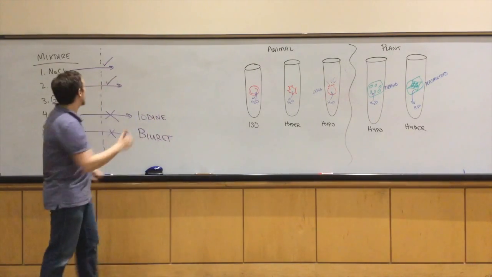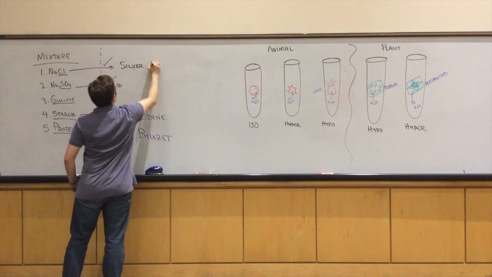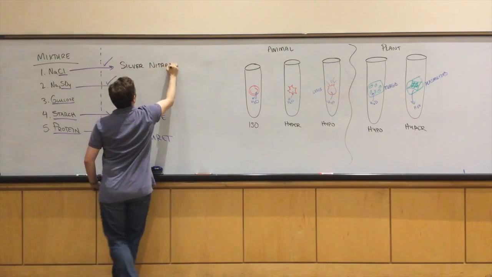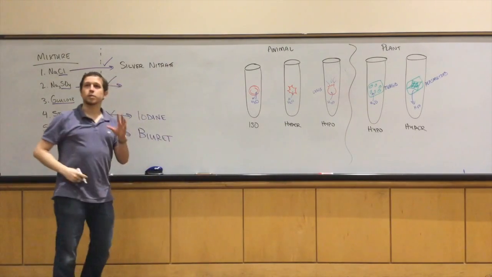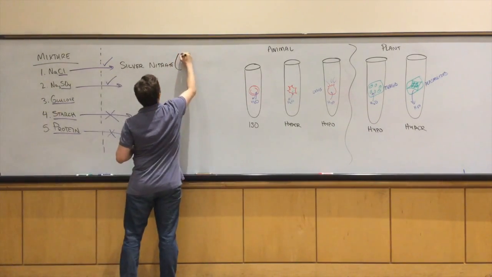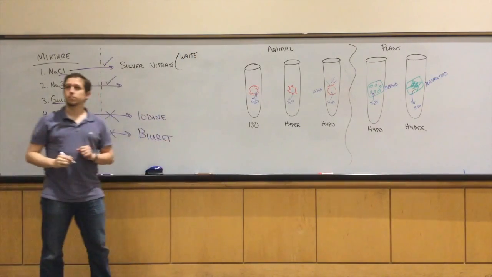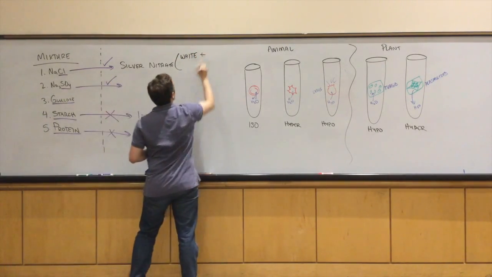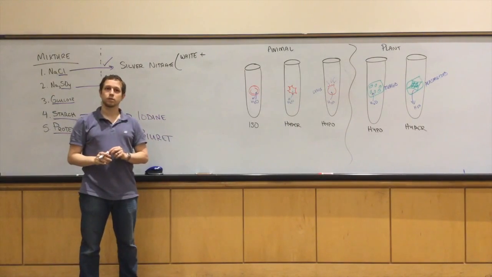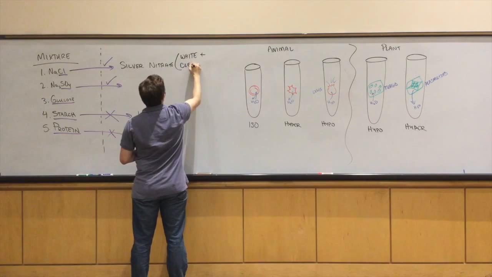No. So we're going to use silver nitrate. Now, quick question, anybody remember what the positive coloration of this was? It was like a white or gray color, right? It was white and cloudy. So that's the positive. Anybody remember what the negative was? The negative would be clear.